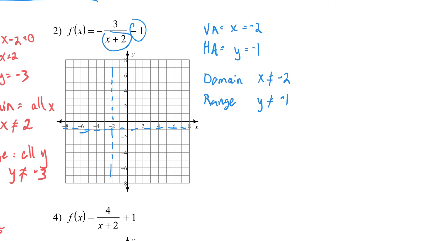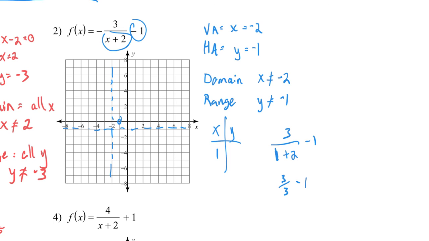Then we're going to plug in whatever number is close to the vertical asymptote. So I'm going to plug in 1. Make a table. X equals 1, plug it in. So I have 3 over 1 plus 2, minus 1. So this is going to be 3 over 3 minus 1.